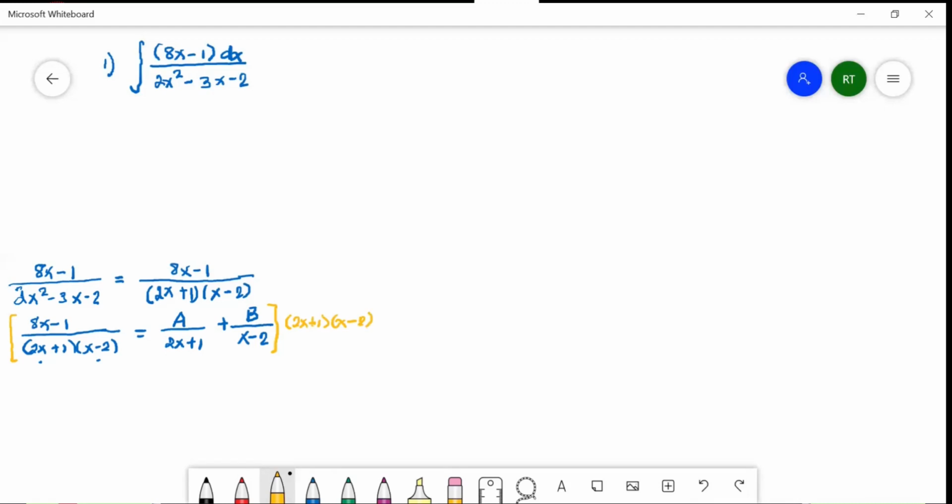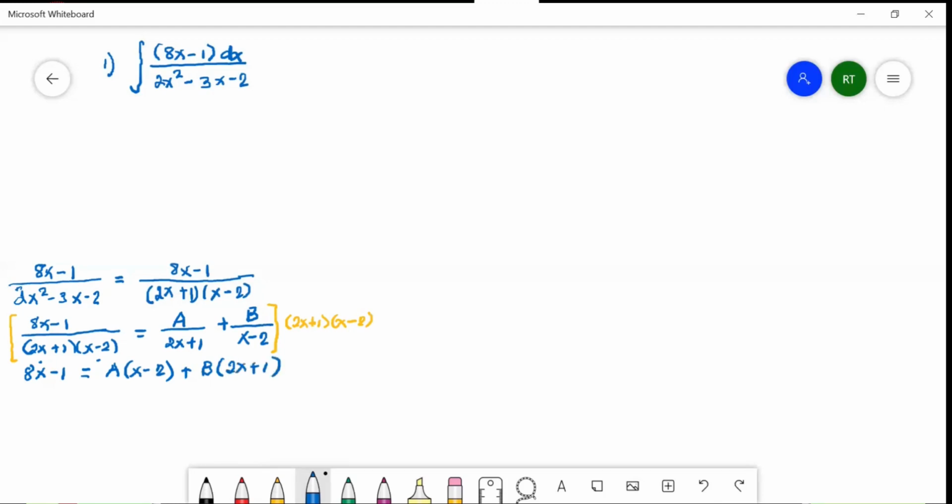Multiplying the left member by the LCD will give us 8x minus 1. And this is equal to A over 2x plus 1 times the LCD, which will give us A times (x minus 2), and the second term times the LCD will give us B times (2x plus 1).